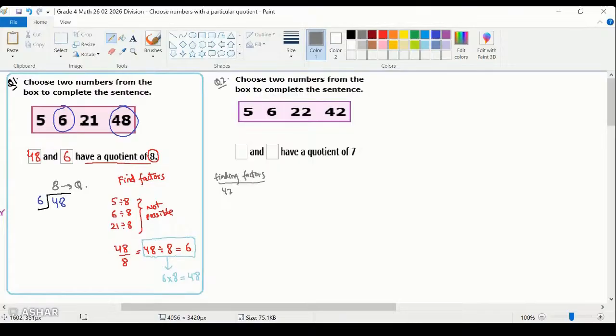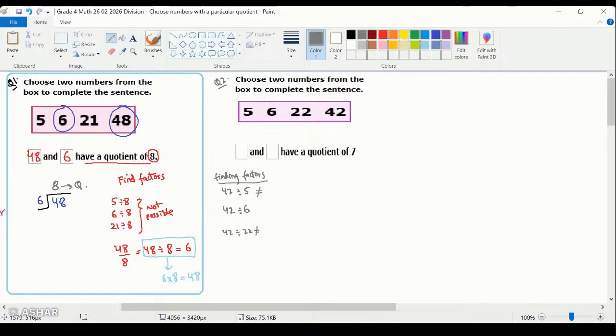If 42 was divided by 5, it is not a factor, so there is no quotient. If 42 was divided by 22, we do not have a factor either. But what about 42 divided by 6?